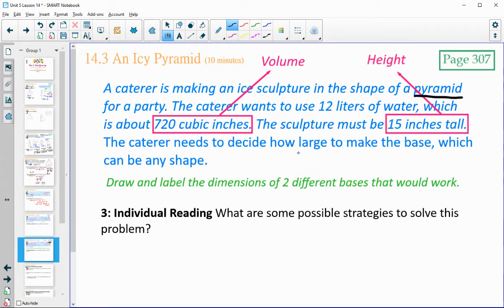And the caterer needs to decide how large to make the base, which can be any shape. Okay, but looking at that base, draw and label the dimensions of two different bases that would work. So go ahead, using those numbers, figure out the dimensions of a base that could work. Again, it can be any shape that you would like. And then you can come back to the video.